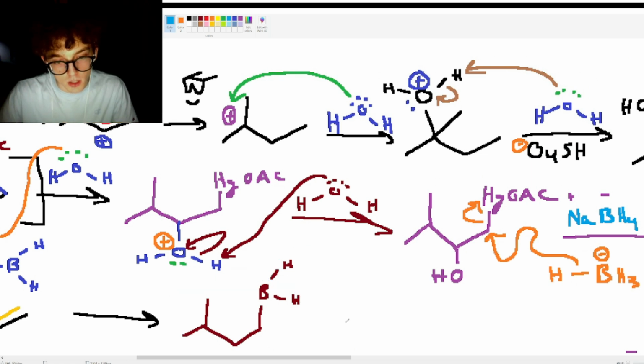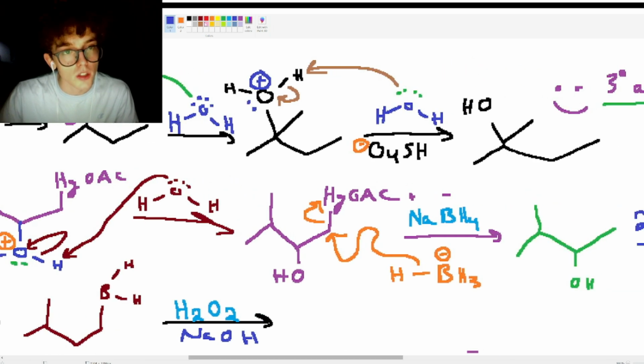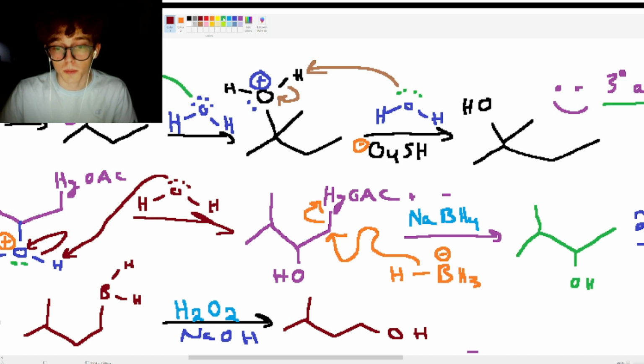So it will attach, and it will trialkylate itself, and then through a series of oxidation through H2O2 and sodium hydroxide, we're going to notice that as our final product, we get this. And you were probably never asked to draw the mechanism. If you were, I apologize. That is terrible. That's like a 10, 11 step mechanism right there. But yeah, we get this product here. So this is a primary alcohol.